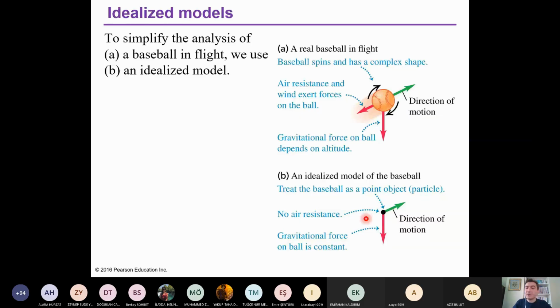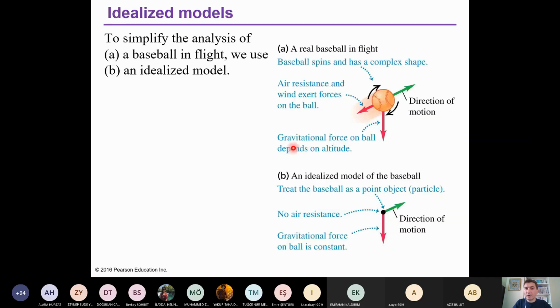So then there is no air resistance. We omit the air resistance in the idealized model. This is the direction of the motion. This is again the gravitational force on the ball, and it is constant, okay? So in the real case, the gravitational force depends on altitude. Look at this one.